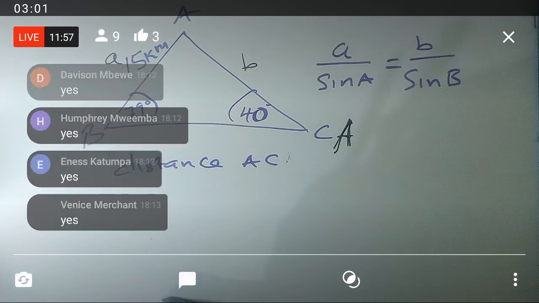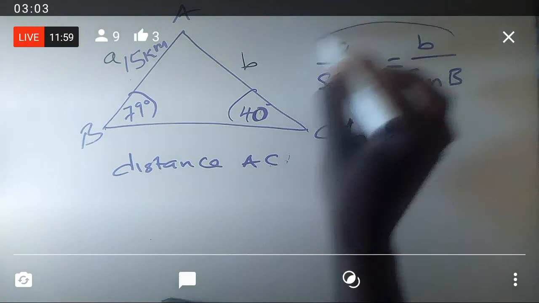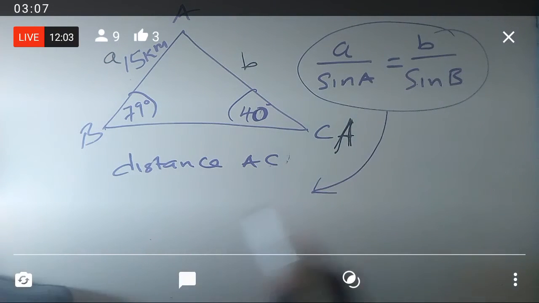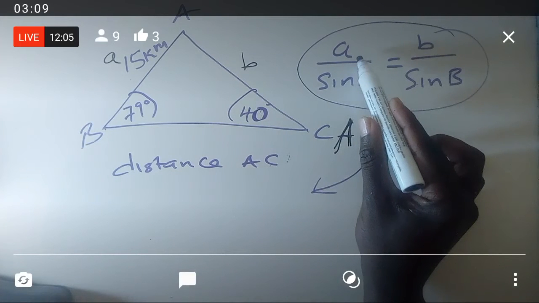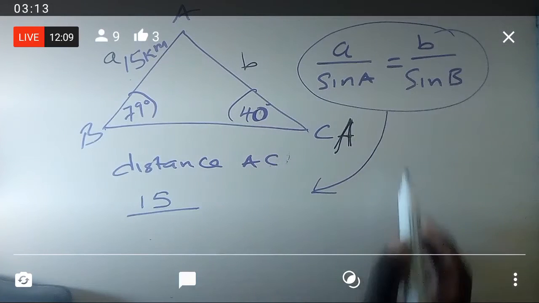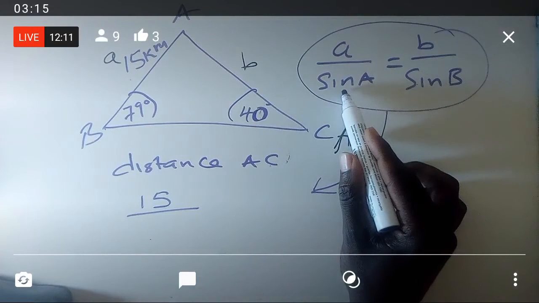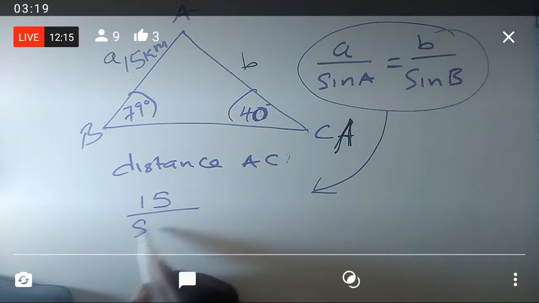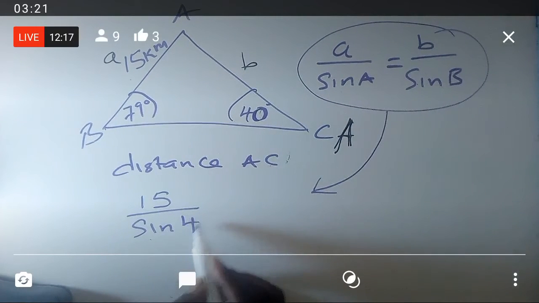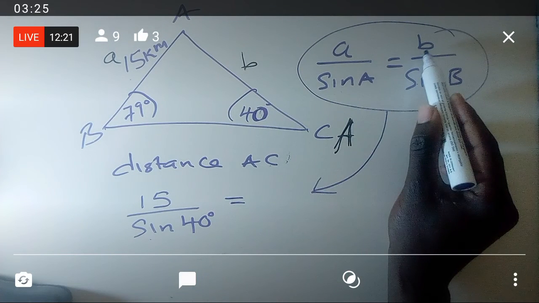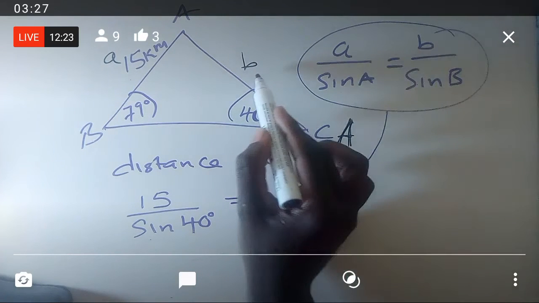Now looking at my formula, I can start putting in values. On a, it's 15, so I'll write 15 over sine capital A, which is 40, so sine 40 degrees, is equal to, on b, what we've been asked to find.